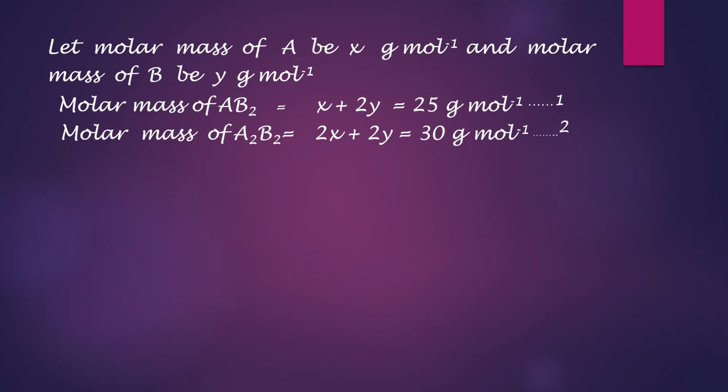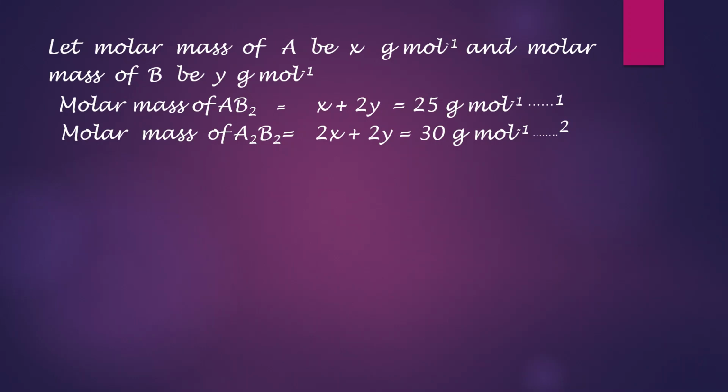Now similarly for the A2B2 molecule, we can write the molar mass of A2B2 as 2x + 2y = 30 gram per mole. Here one molecule of A2B2 contains two atoms of A and two atoms of B, so for this also we have to add the molar masses of A and B. The number of atoms of A is 2 and the molar mass of A is x, so we multiply 2 and x, which becomes 2x.